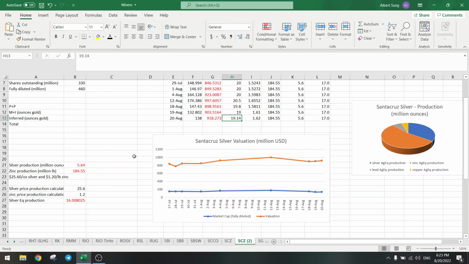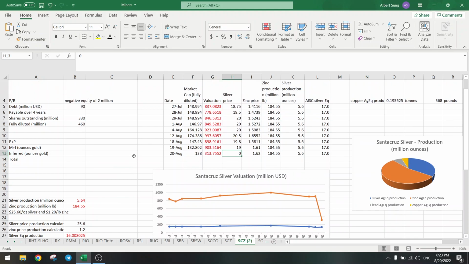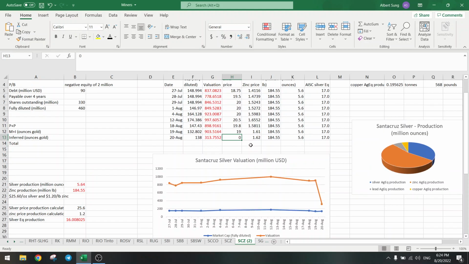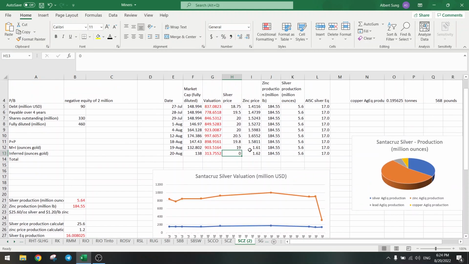Let's see how low silver can go. 15, 10, 5, 0. This is amazing. The silver price can go to 0 now, and we still would be profitable. Amazing. So that means my other calculation was wrong.